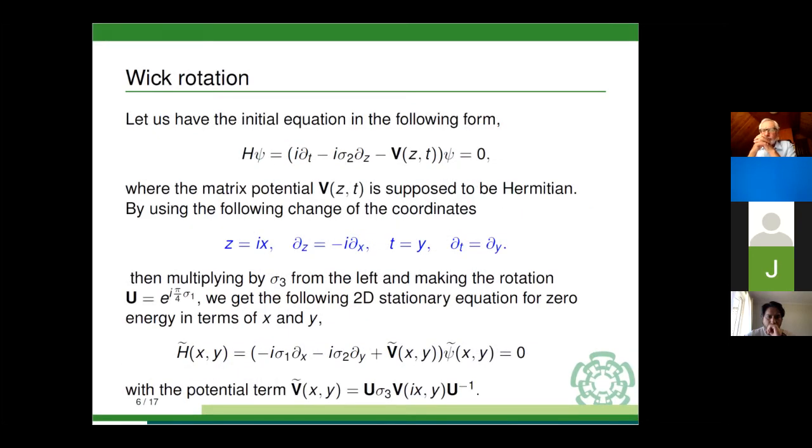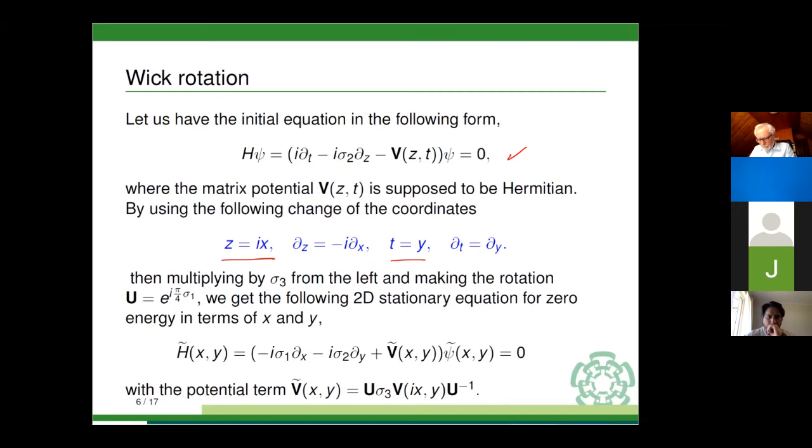About the big rotation, imagine that we have a time-dependent Dirac equation like the one right here. What we did is to make this change of variables: Z goes to Ix, where I is the imaginary unit, and T goes to Y. So now we have X and Y as spatial coordinates.